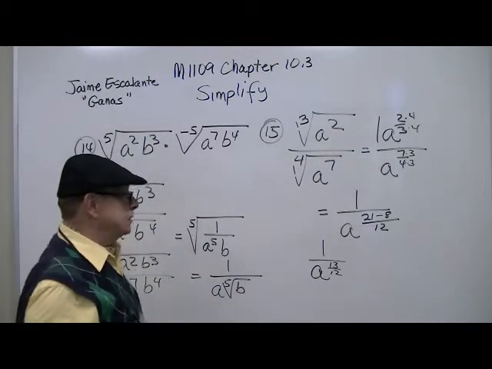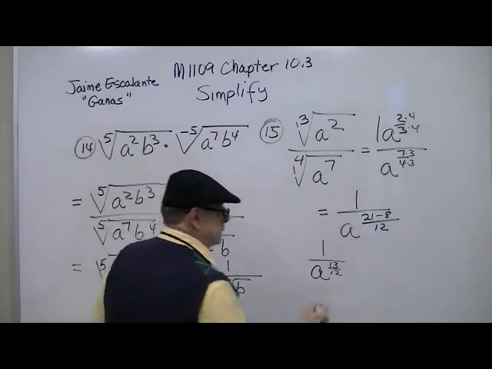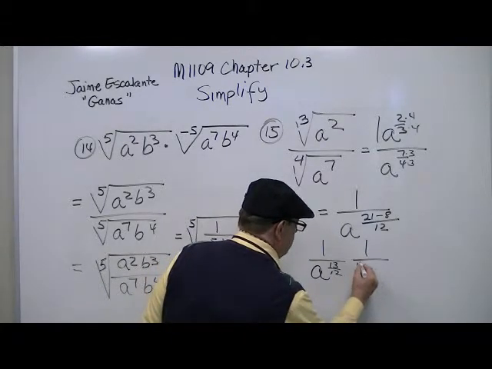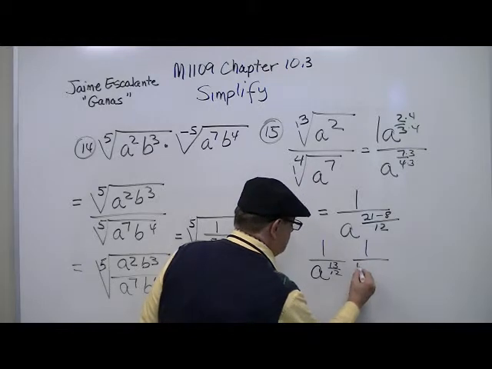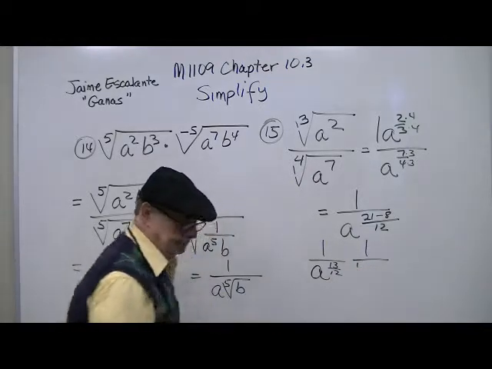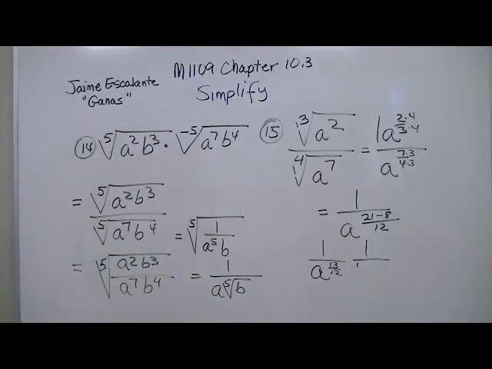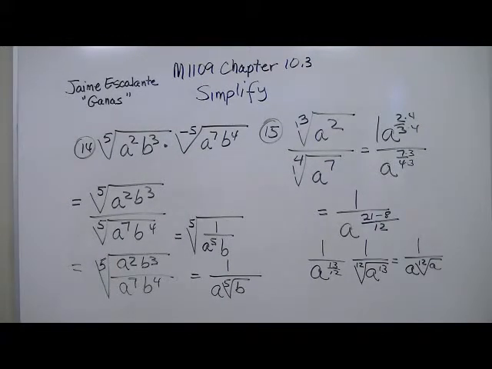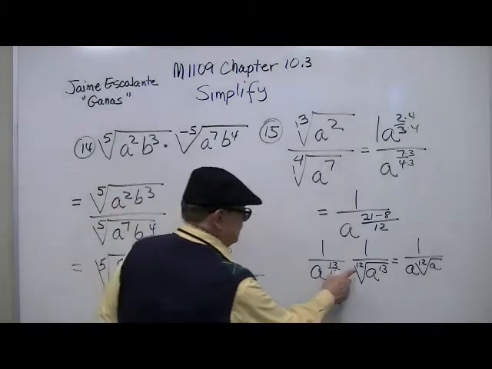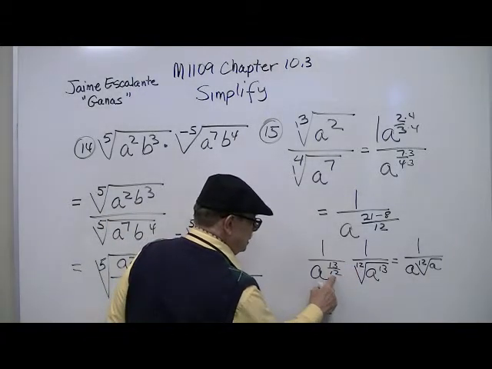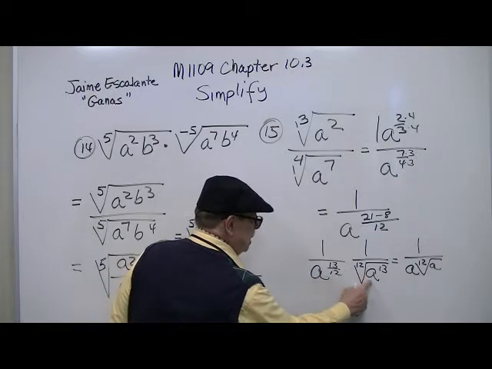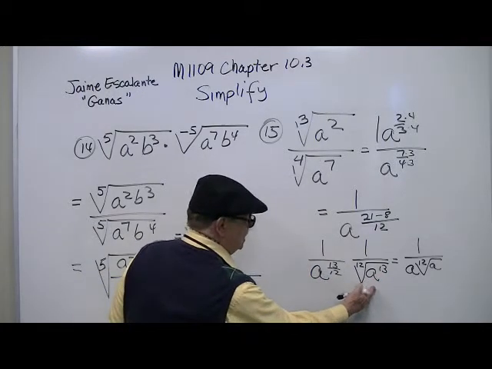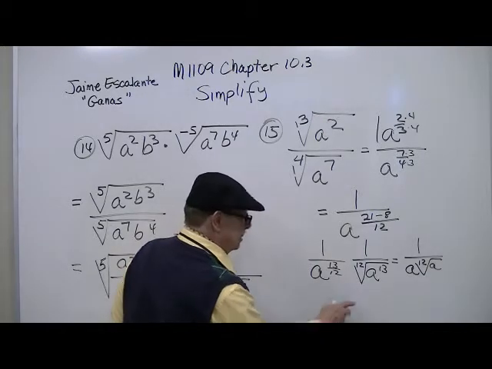But they want an answer in radical form, so this then becomes 1 over the 12th root index number of a to the 13th, but I can actually simplify that more, and that wasn't in their answer book.